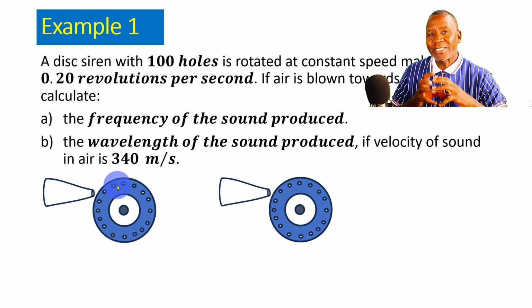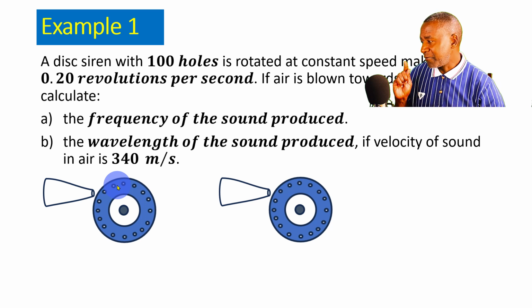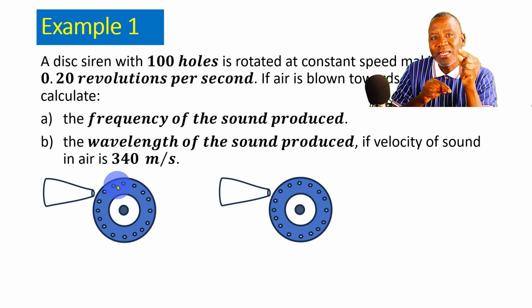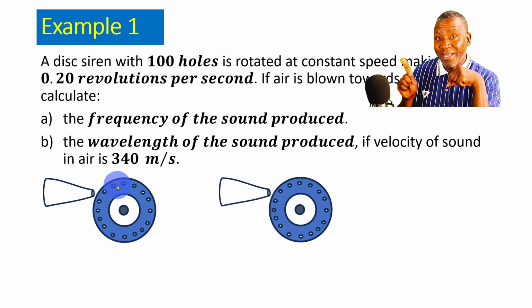So when we look at repetitions of a certain occurrence in 1 second, we are talking about frequency. Here I've just given you that it is making 1 revolution per second. Therefore, there are going to be 16 repetitions per second. Why 16? Because there are 16 holes in that disc.